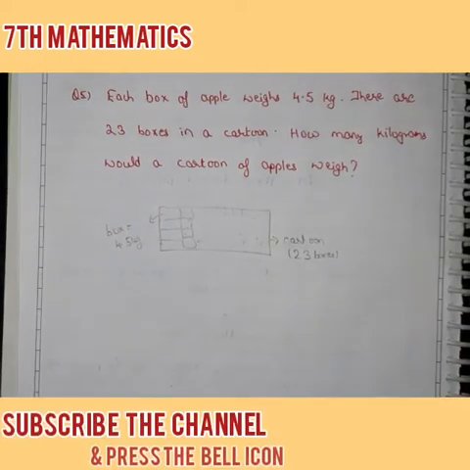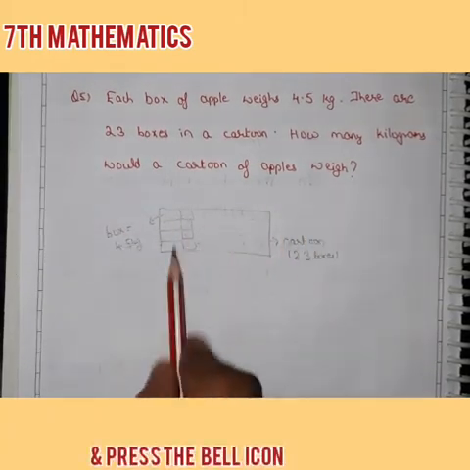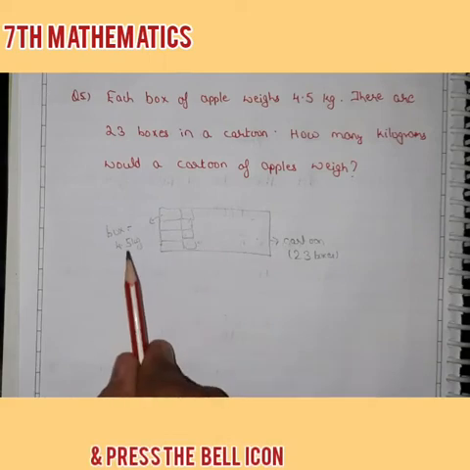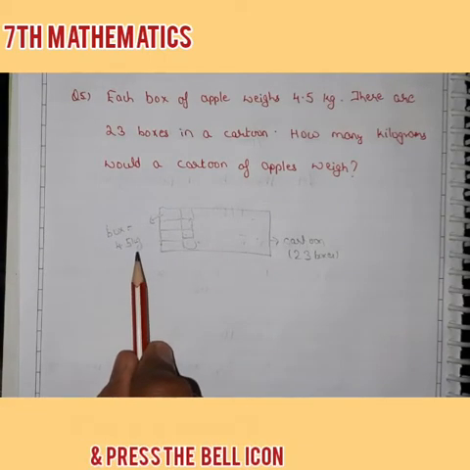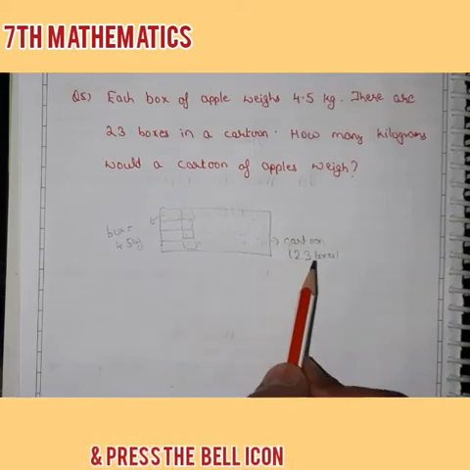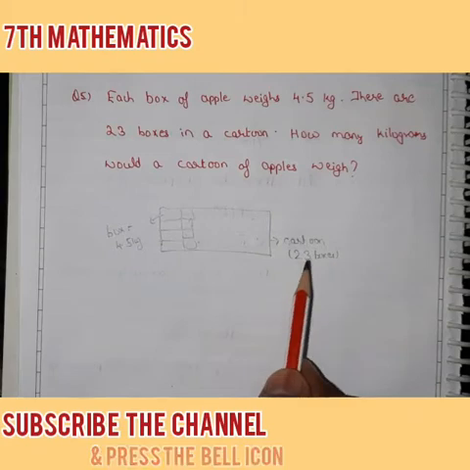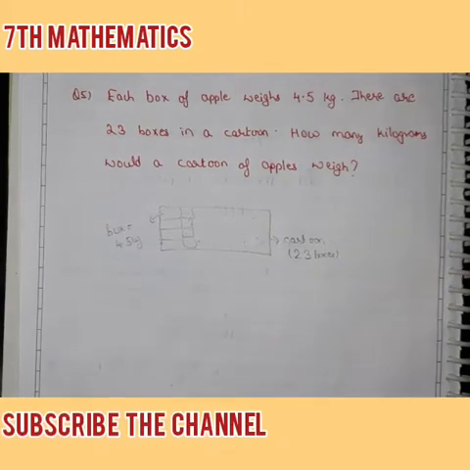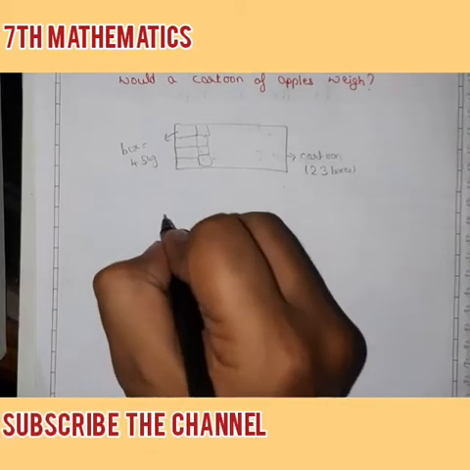Very simple question. We know the weight of one box. It is asking the weight of the total carton, and since in the total carton there are 23 boxes, the weight of one box is how much? 4.5 kg. So for the weight of 23 boxes, simply multiply 4.5 by 23. Whatever product we get, that will be the final answer. Let's see how we can write.